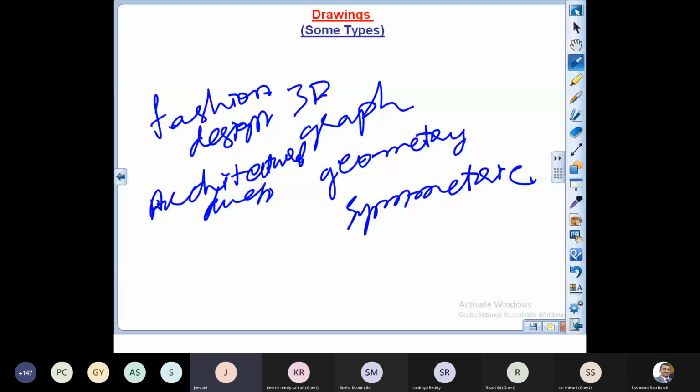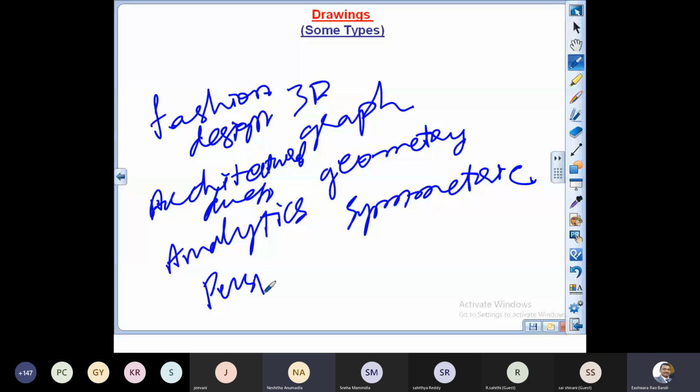Analytic drawing. Okay. Next. Any other? Perspective. Shading drawing. Perspective drawing.